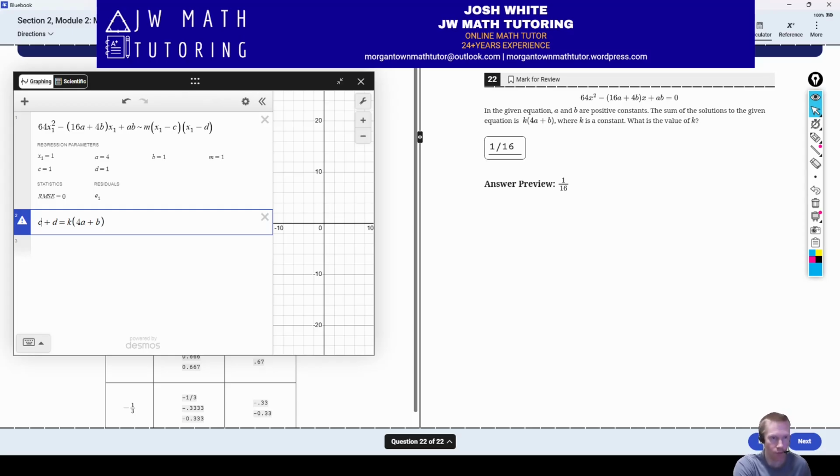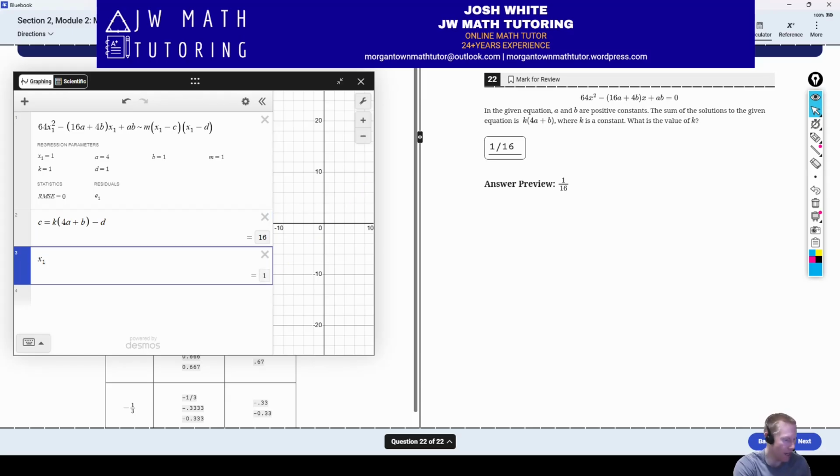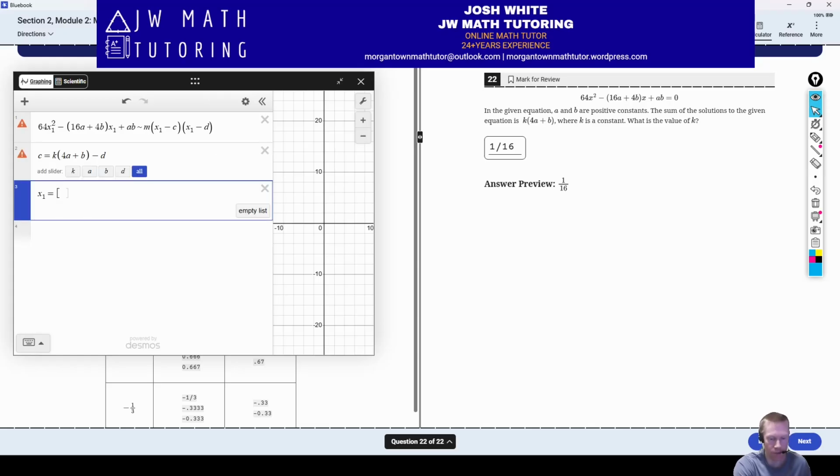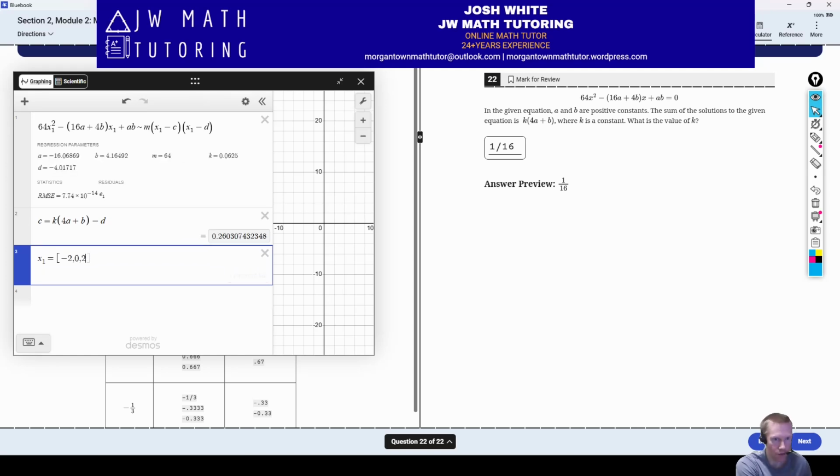You need it to have only one letter on one of the sides, preferably the left. So I'm going to subtract d over to the right in order to get this to work. And then the last step is, because it's a regression statement, I have to add an element list for x1, and I'm going to go with negative 2, 0, 2, and then add some more values in.